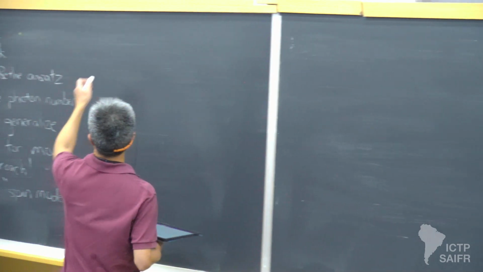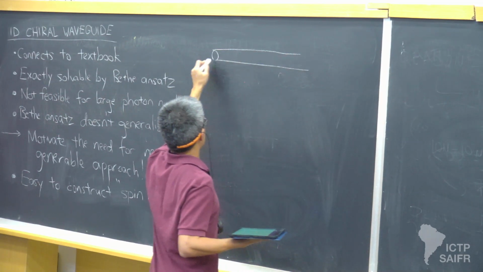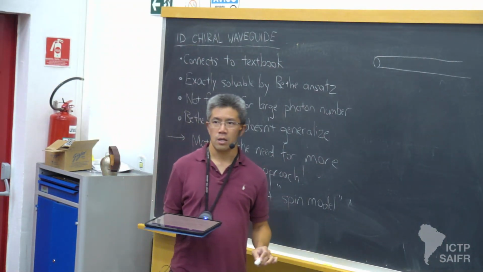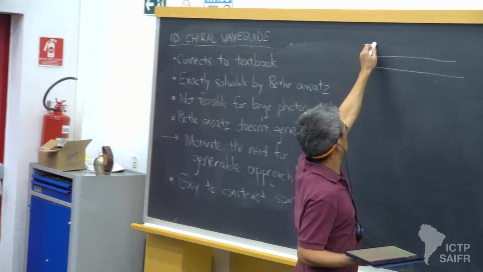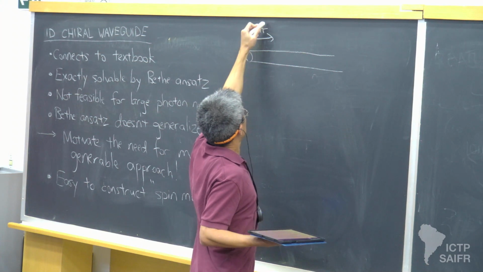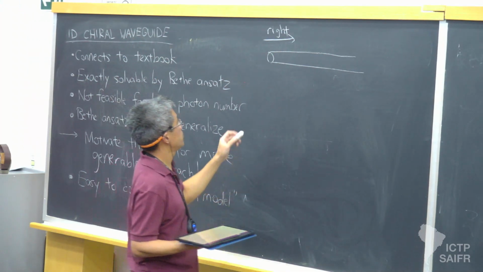Okay, so in pictures, the model looks like the following. I just have some notion of a pipe or a waveguide in 1D that supports propagating fields. The fields will only be propagating, let's say, to the right. So there's no propagation allowed to the left. That's why it's called chiral.